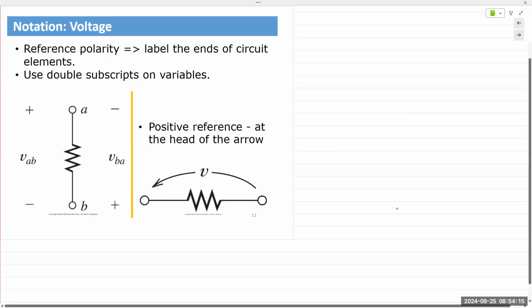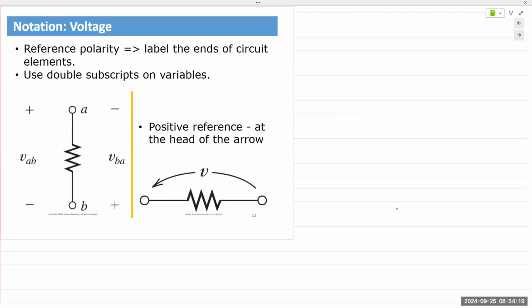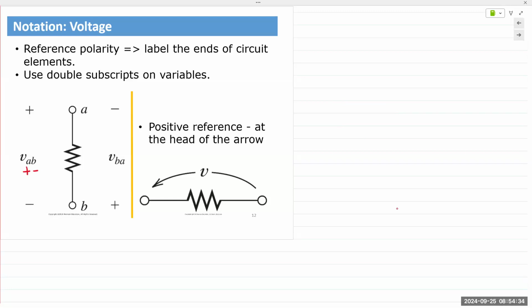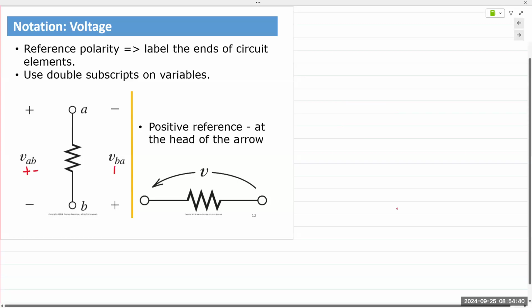For voltage, same thing. VAB means you're measuring the voltage at point A with your reference at B. So if you're in the lab and you're asked to measure VAB, the positive terminal of the meter should always be at A, the negative should always be at B. Voltage, of course, is the difference in potential between any 2 points.